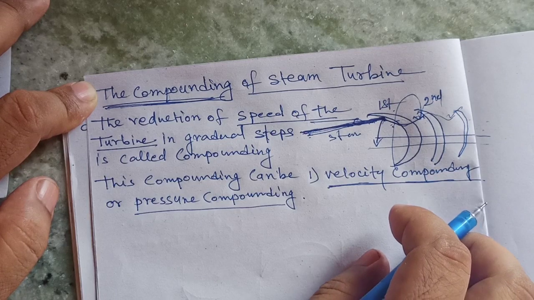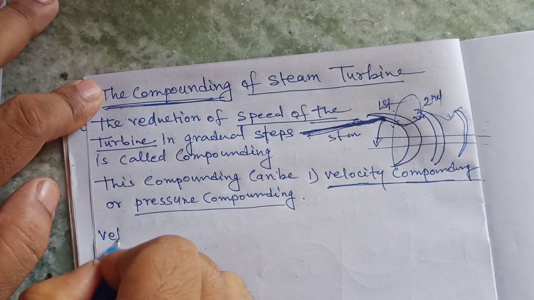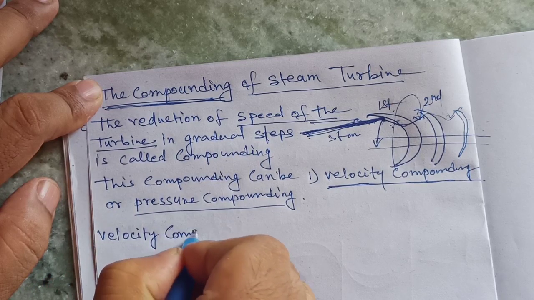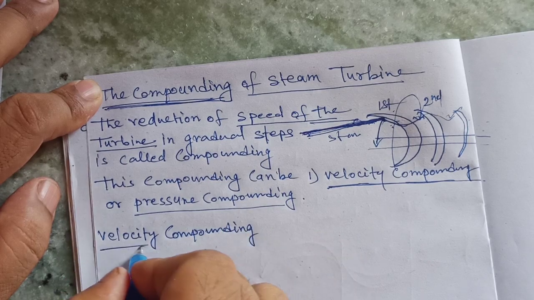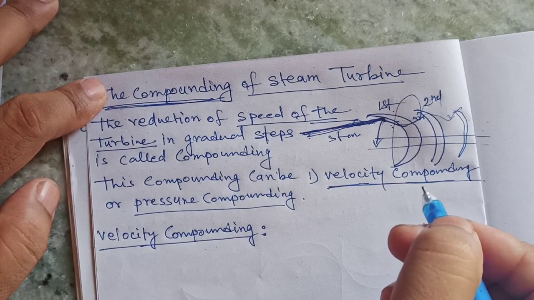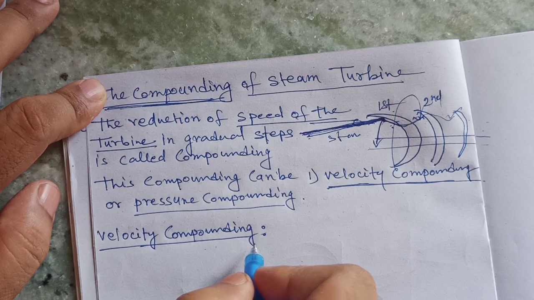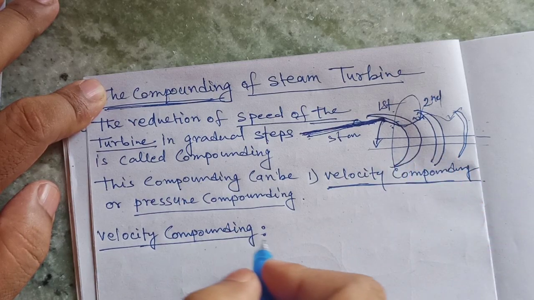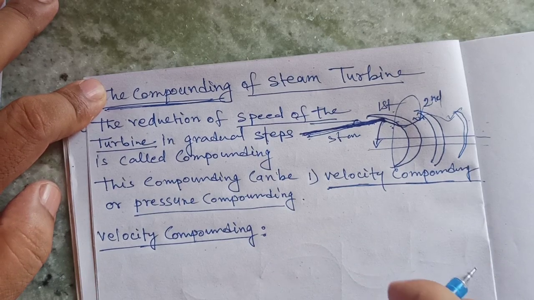Okay. Now, first of all, I am starting the velocity compounding. I already discussed that in velocity compounding, the blades are arranged in such a way that the velocity will reduce in gradual steps.